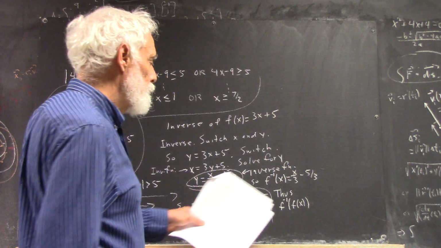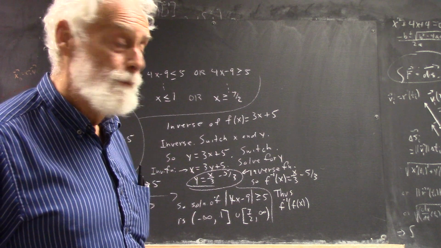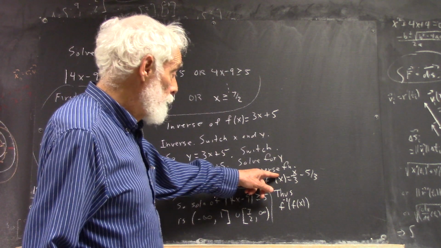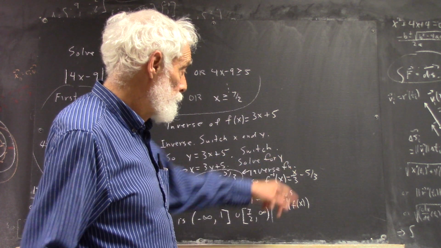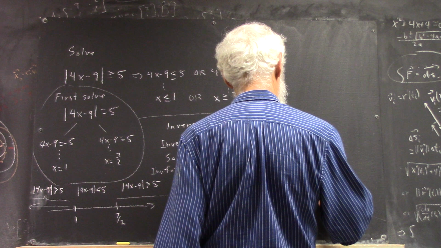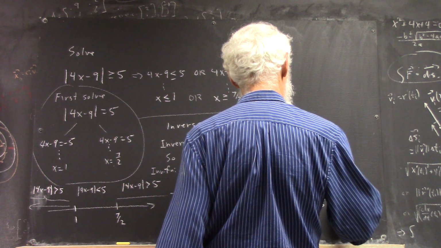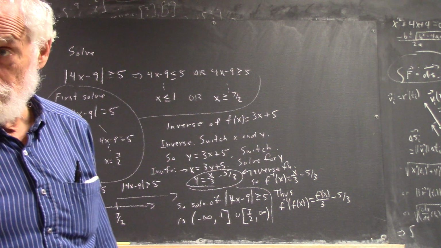So what's f inverse of f of x? Well, here's f inverse of x. We've replaced x by f of x. We better replace x by f of x. Right?